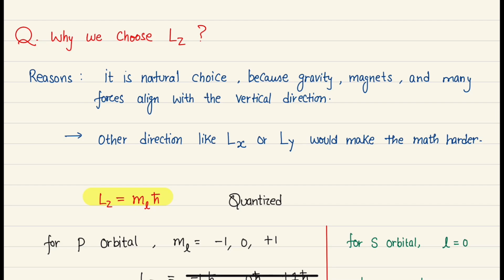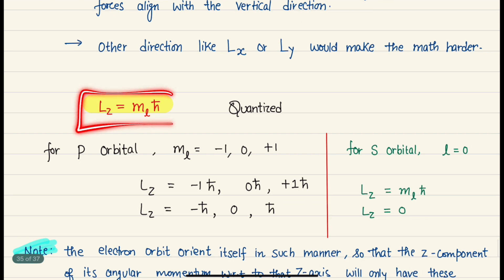We can find them, but the math becomes more complicated. So the reason to choose Lz, the z direction, is that it is a natural choice because gravity, magnets, and many forces align with the vertical direction, and that vertical direction is naturally taken as the z axis. So that's why this is very important.